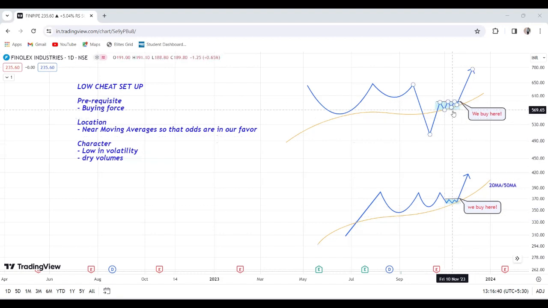Likewise, here we are entering early into an uptrend. Now, going ahead, I'll show you some examples where we will find these kinds of characteristics in stocks.